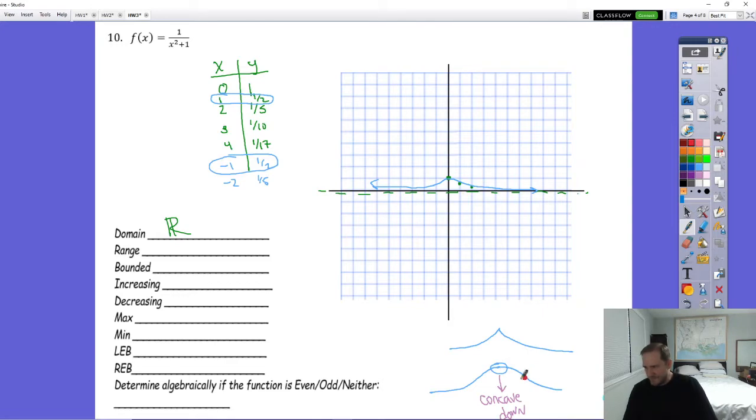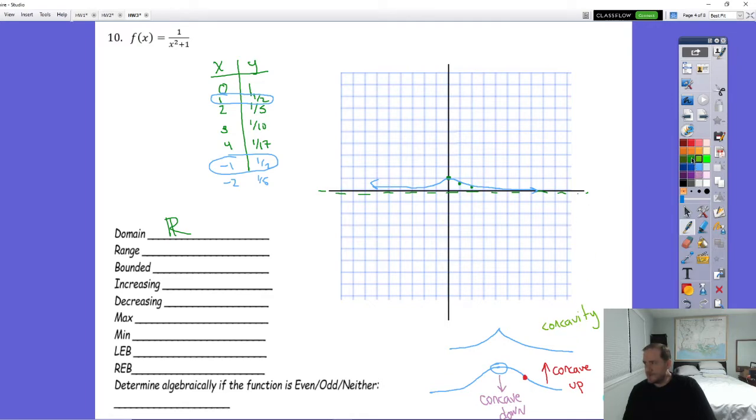Maybe that change is right about here. And suddenly now you've got a branch of graph that really kind of opens up. That's called being concave up. And this idea of being concave up or down generically is called concavity. So if I ever asked you about concavity, you'll know that I just mean which direction is the curve bending, so to speak. Are we concave down or concave up?